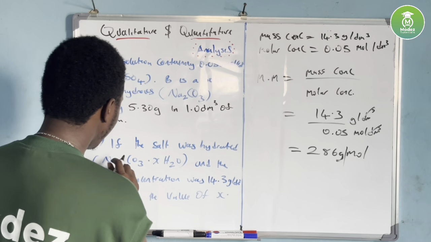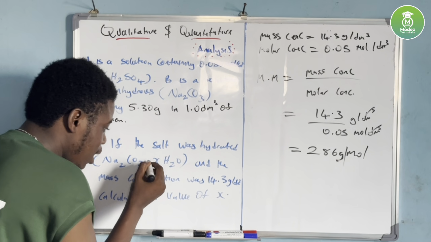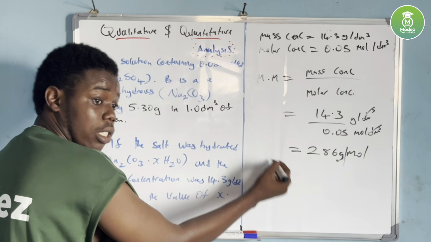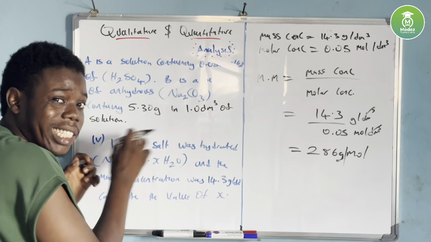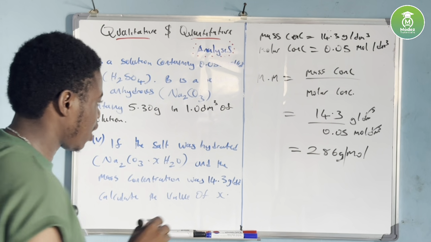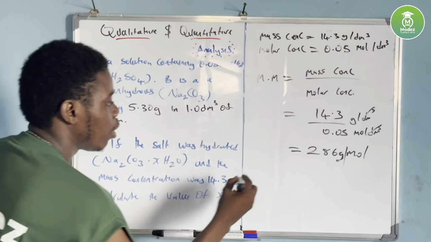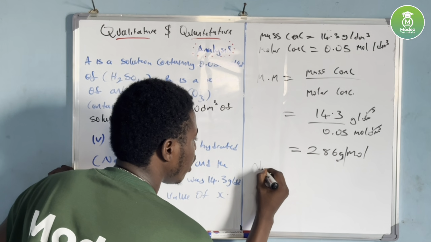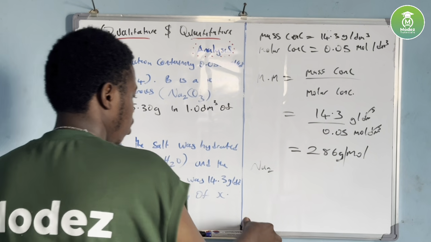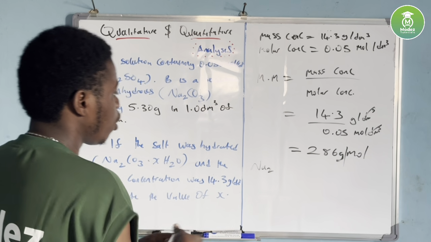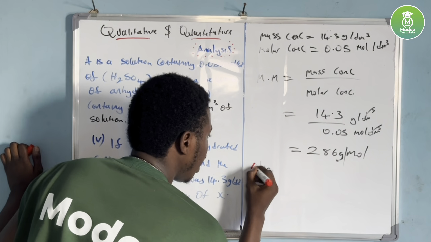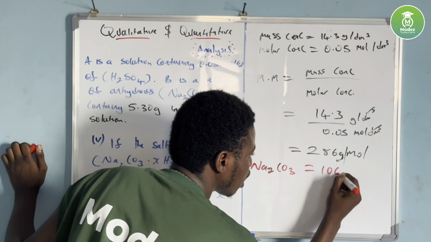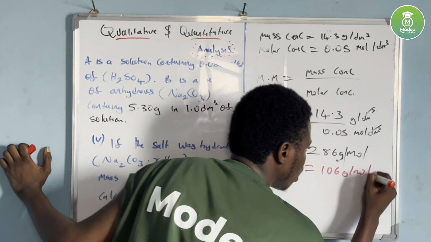Now, we already know this dot here in water of crystallization is the same thing as plus when you are calculating the entire molar mass. That's another trick. So now, we already know that Na2CO3 is also the same thing as 106 gram per mole, right?